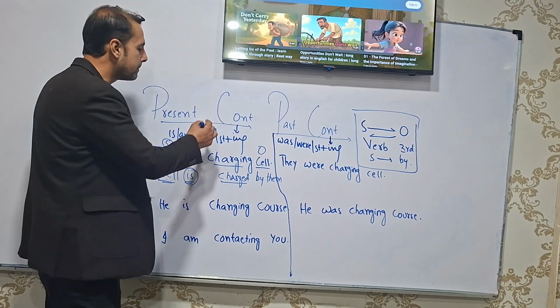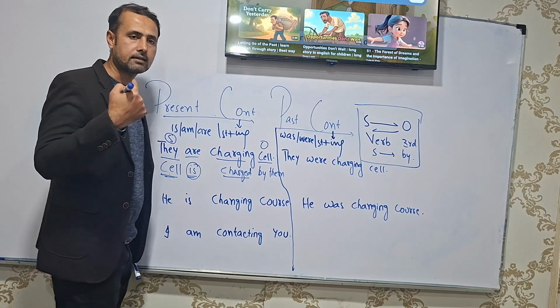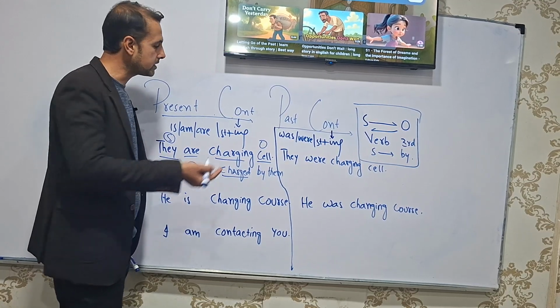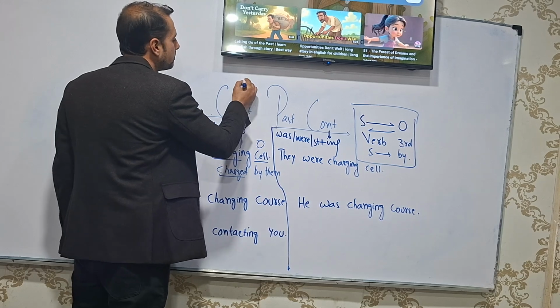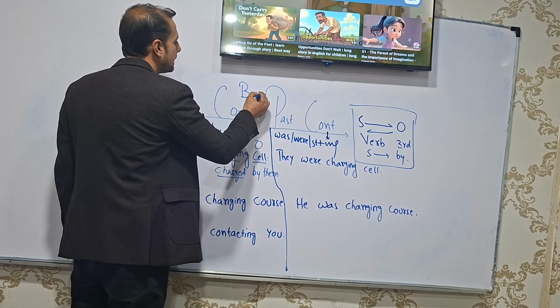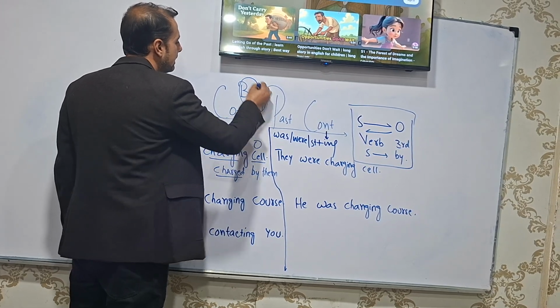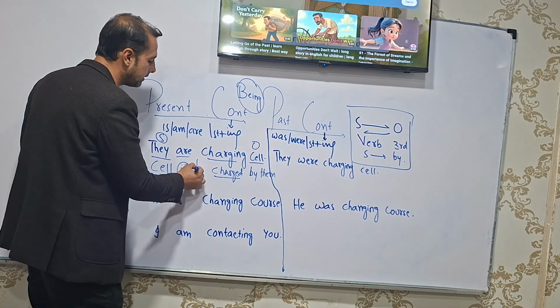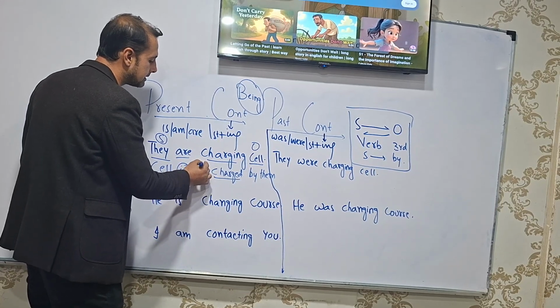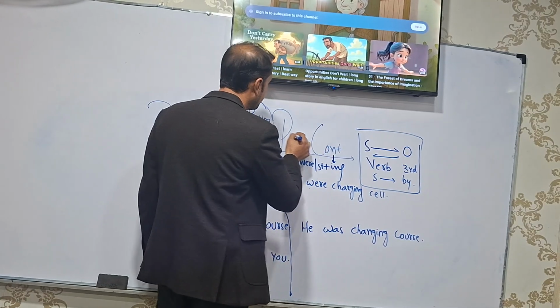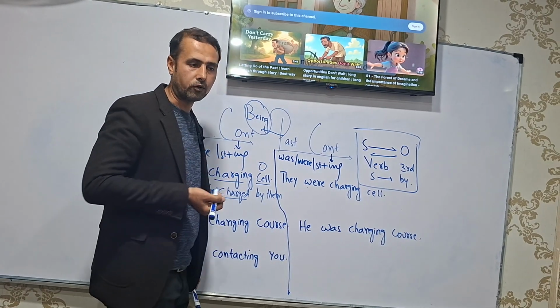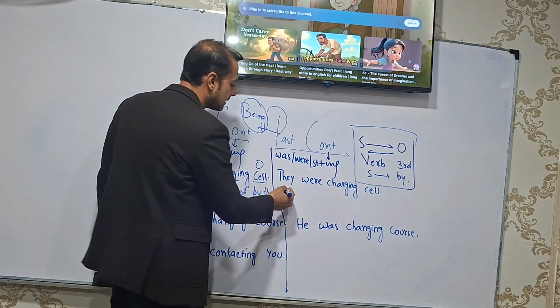So for making passive voice, either past continuous passive voice or present continuous passive voice, you need to put being. Cell is being charged by them. Same would be the case here, that I would be using being before the third form.